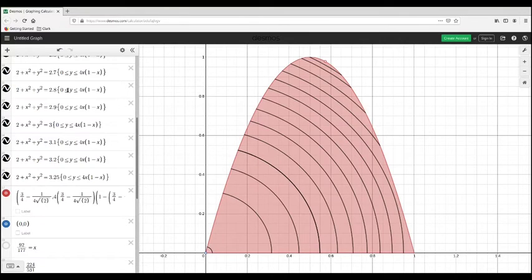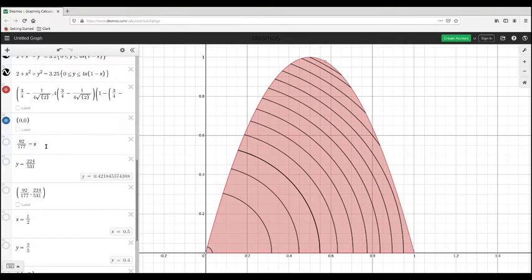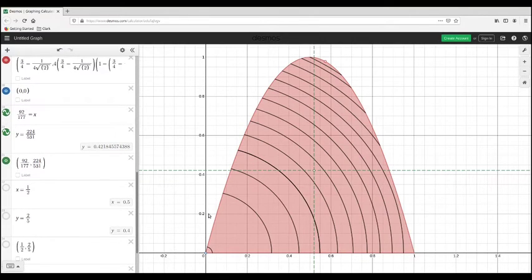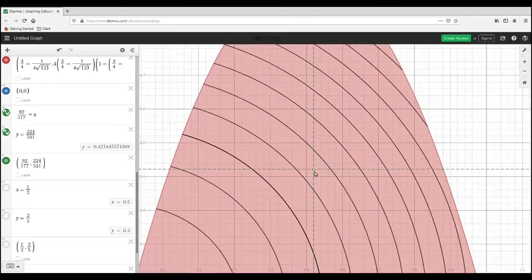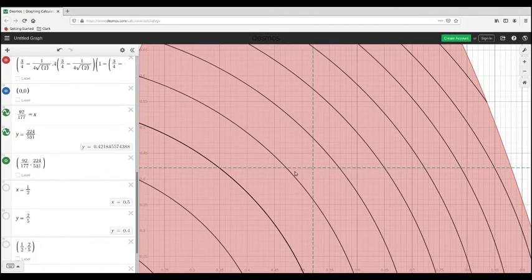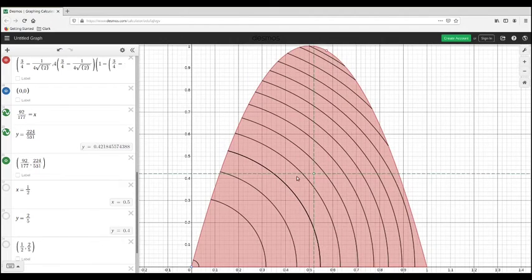If I graph out this point right here, which is exactly 92 over 177, and the point y equals 224 over 531, or as a point, this point right here in the middle of the intersection of these two lines, you see that the center of mass for this region is right here, which is definitely not in the center of the region. It's actually different than what's called the centroid of the region, which is a little bit easier to calculate. We'll show that in just a second.